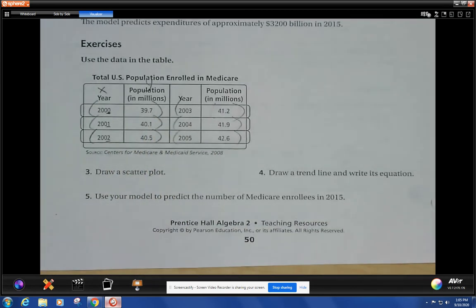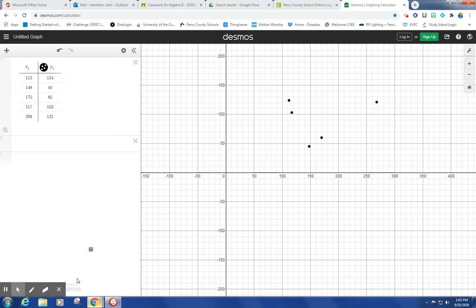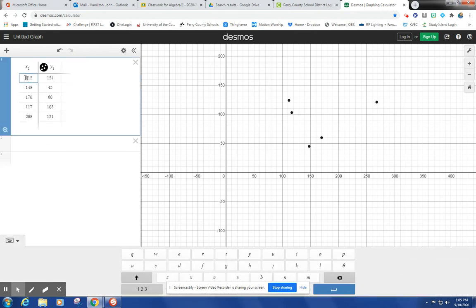So I'm going to jump over again, and this time we're going to add something else that we're going to do on Desmos, and I'll show you that in just a minute. So we're going to go to Desmos again, and again, I'm just going to rewrite over top of these. So I can just highlight like that. And again, we're going to start with the year 2000, but instead of 2000, I'm just going to put a 0. And here I'm going to put 39.7.